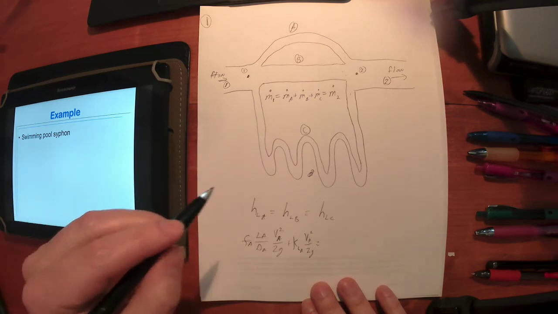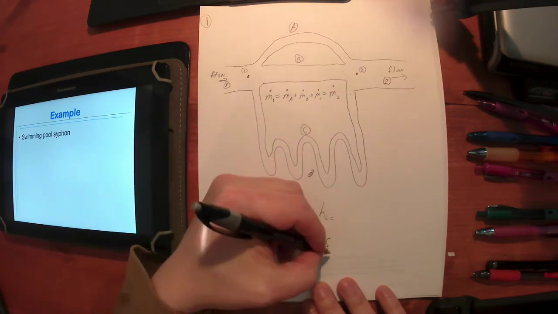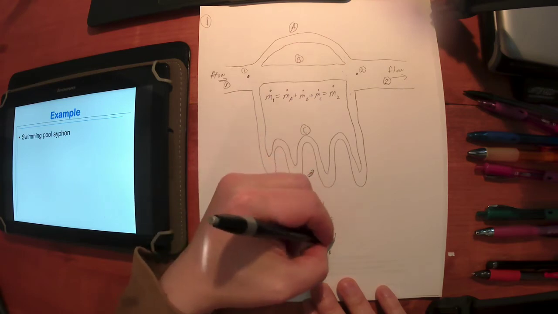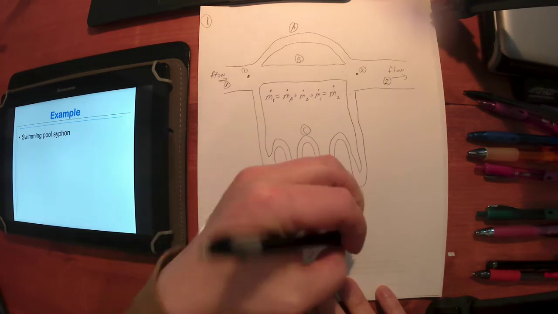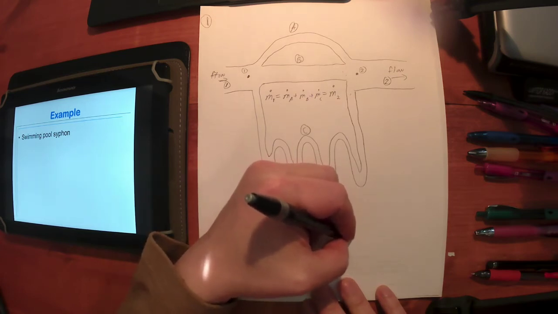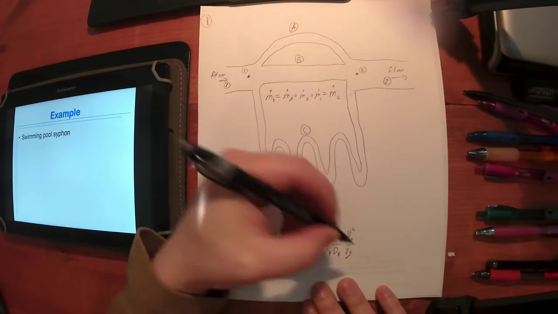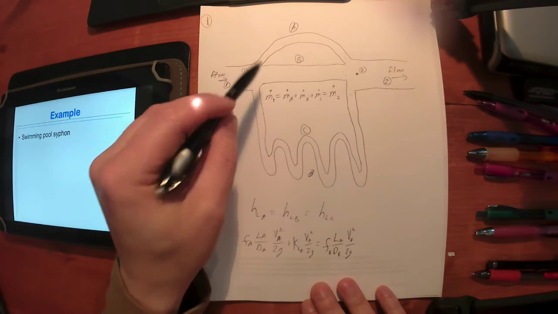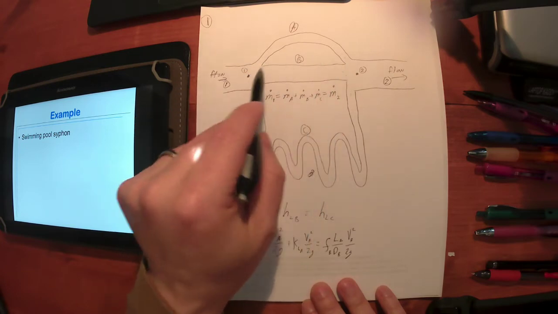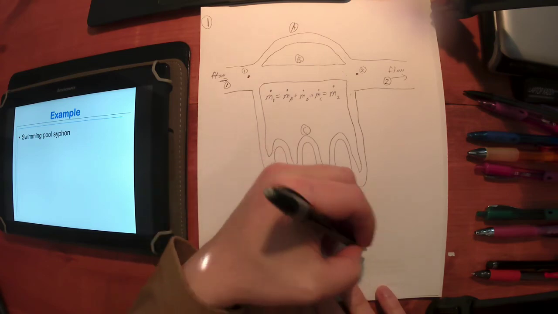That's going to equal the head loss for B. Now, B is just a straight pipe. I would suggest that's just a Darcy friction factor for B, length of B over the diameter of B, times the average speed of the flow through B squared divided by 2g. So I wouldn't even include a minor loss for B. You're going to have a loss here at the entrance and exit, but I think it's going to be pretty small in comparison to the major loss there.